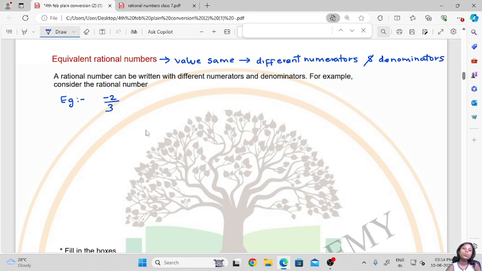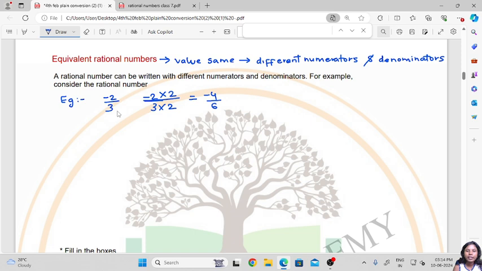Okay, so now say we have minus 2 by 3. Now we can write minus 2 by 3 in another form. So say I multiply this numerator and denominator by 2. So I'll get here minus 4 upon 6.